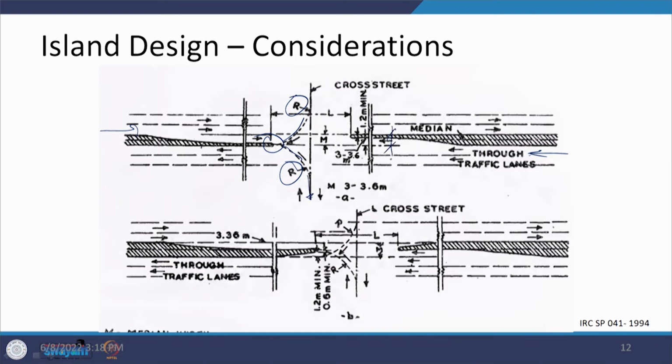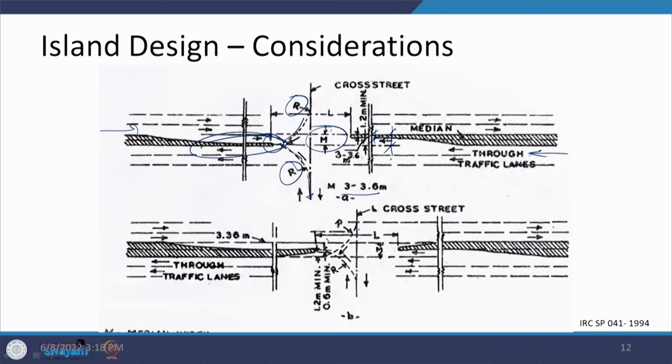The widths of these right turning lanes are 3 to 3.6 meters, and then there is the width of the median, which we have already talked about as a pedestrian refuge median, which is 1.2 meters or 1.5 meters desirably. So, those things have been shown here. Along with that, this particular gap, which is equal to the width of the turning lane, is 3 to 3.6 meters. This is one type of design when the street profile has been considered.